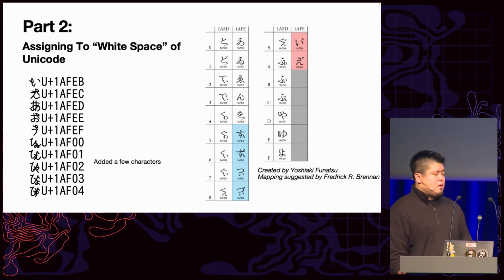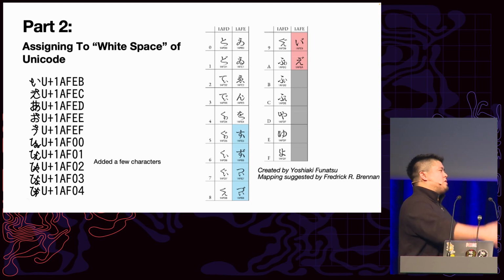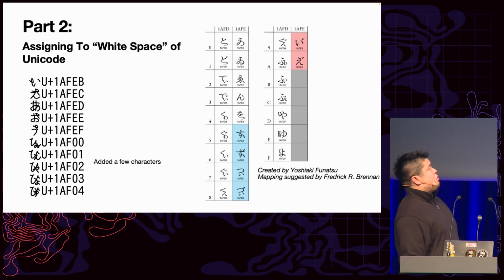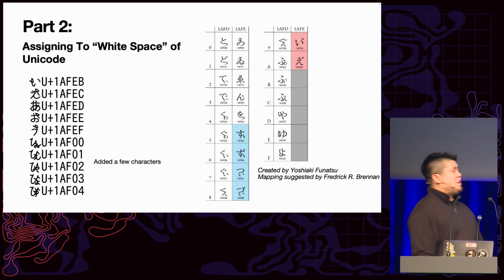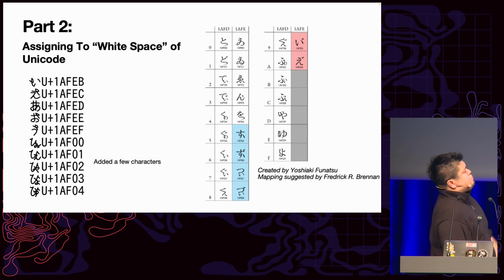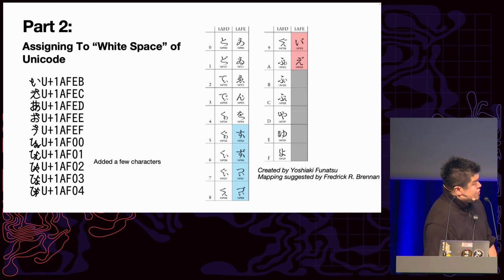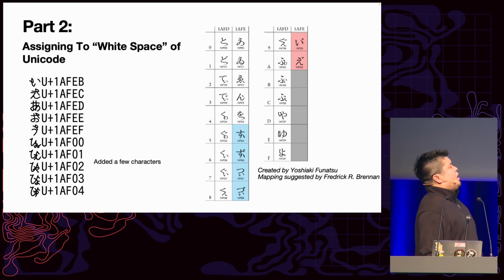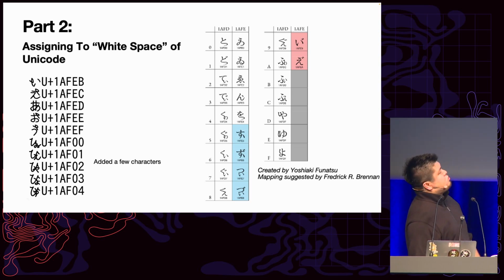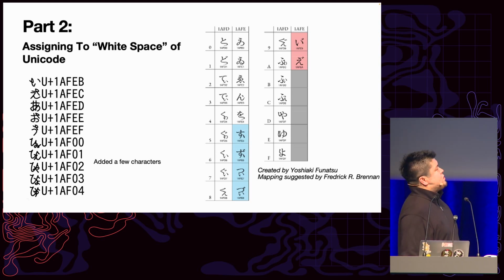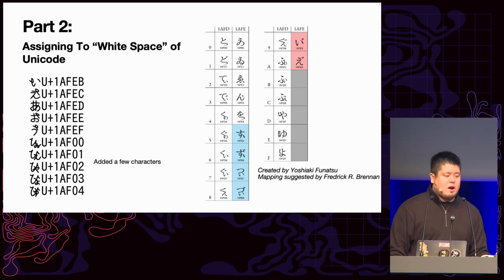Some of the characters have to be, as I said, represented using Unicode. And luckily, in the Unicode, there is some white space of code representation. So the person I mentioned, Friedrich, I guess, has proposed to use some of those spaces to represent Okinawan specific characters.